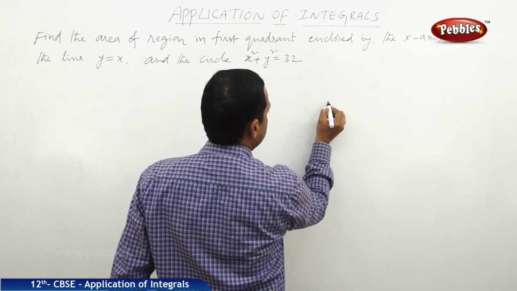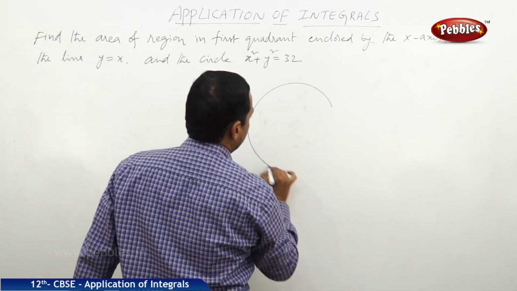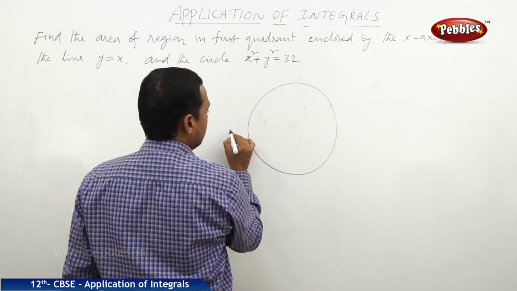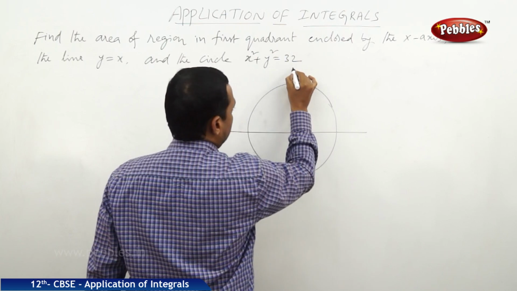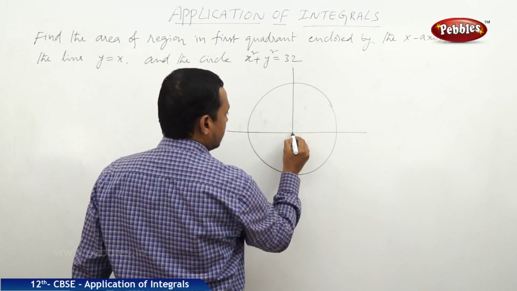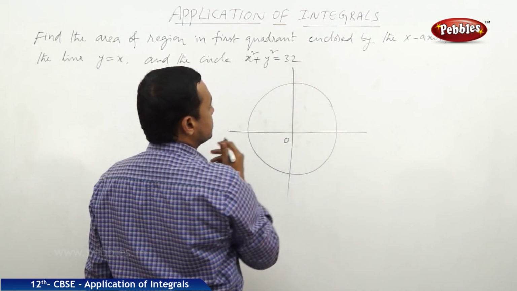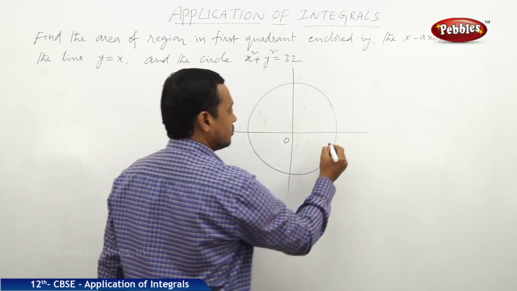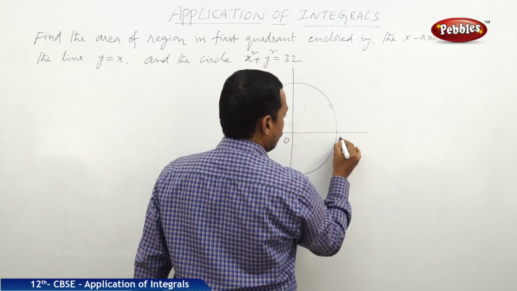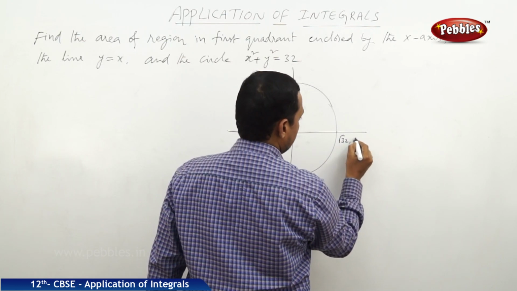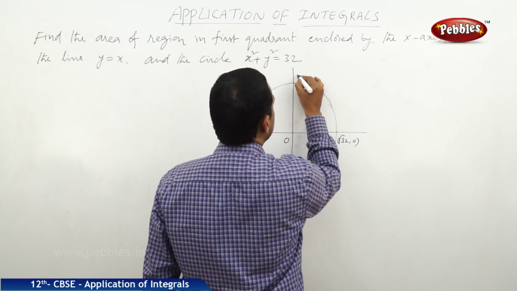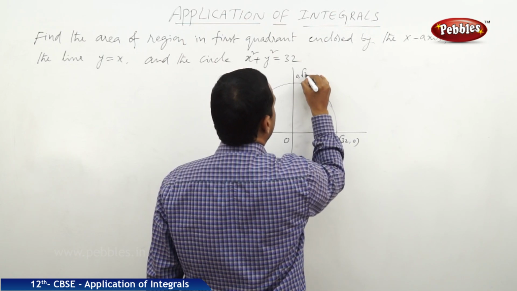Now let us take the circle first. Now this is the circle. The center of the circle is at origin and its radius is equal to root 32 units. So this is root 32 comma 0 and this one is 0 comma root 32.